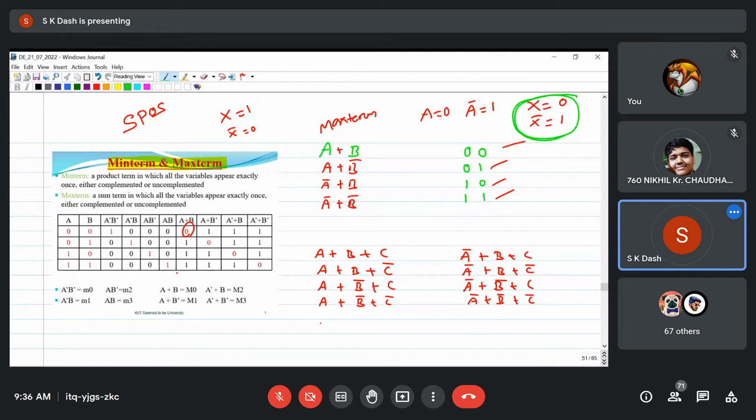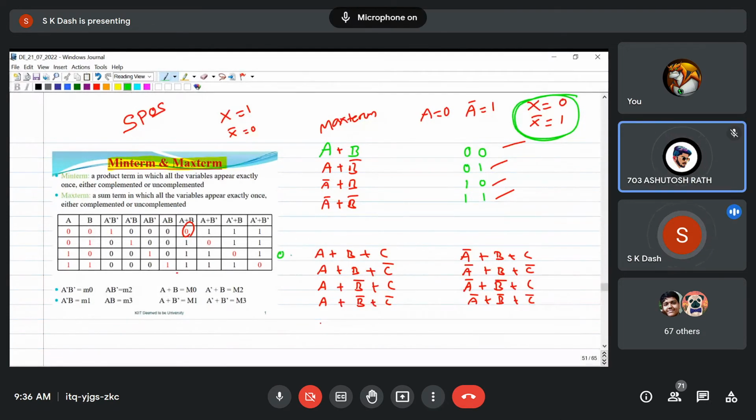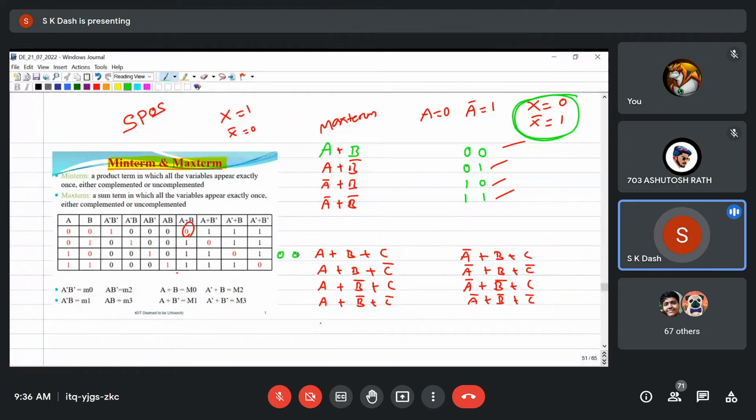It should be 0, 0. It is not in complement form, so all of these will be 0. A plus B plus C bar: A 0, B 0, C is in complement form, so this should be 1. Next, A not complemented, B bar complemented, C not complemented. A not complemented, B bar complemented, C bar complemented.